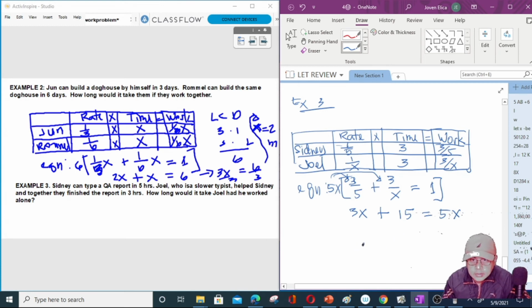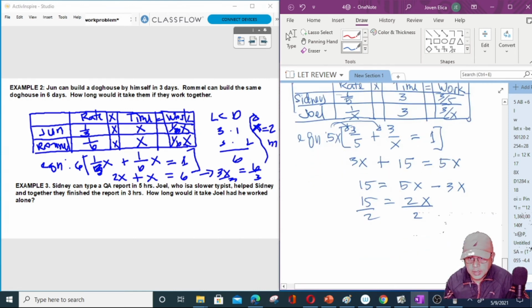So therefore, 15 is equal to, transpose the 5x to the right, minus 3x. 15 is equal to 2x. Divide both sides by 2.